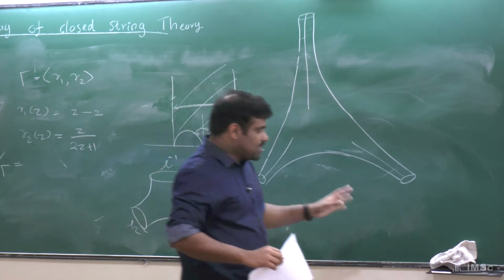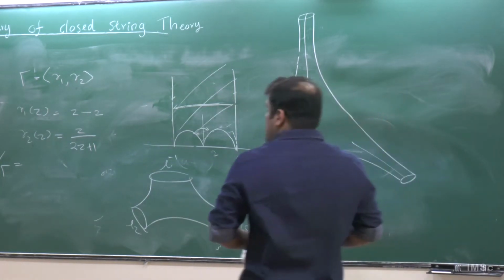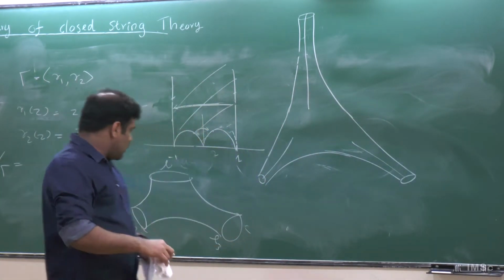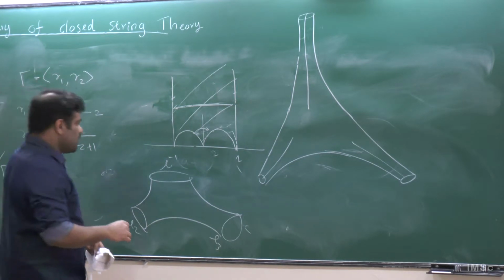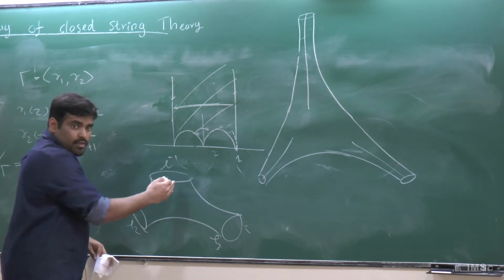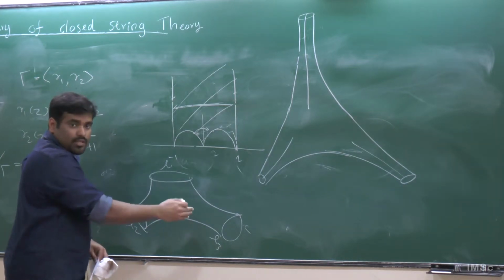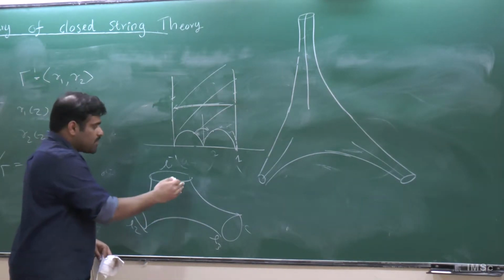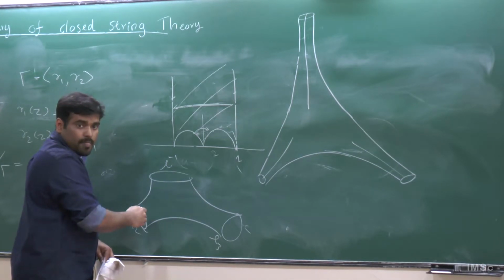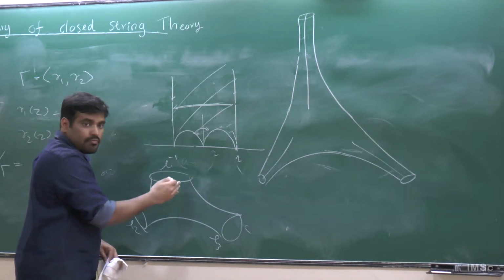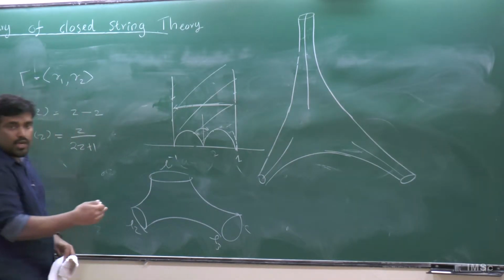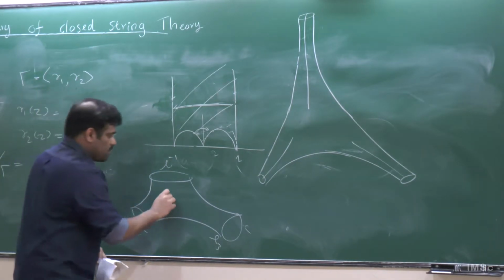So that's an example. So you can go ahead, and a similar construction can be done for a pair of pants. A genus 0 hyperbolic surface with 3 borders, and you can specify the boundary lengths for the borders. Then corresponding to that, you can find a Fuchsian group gamma.